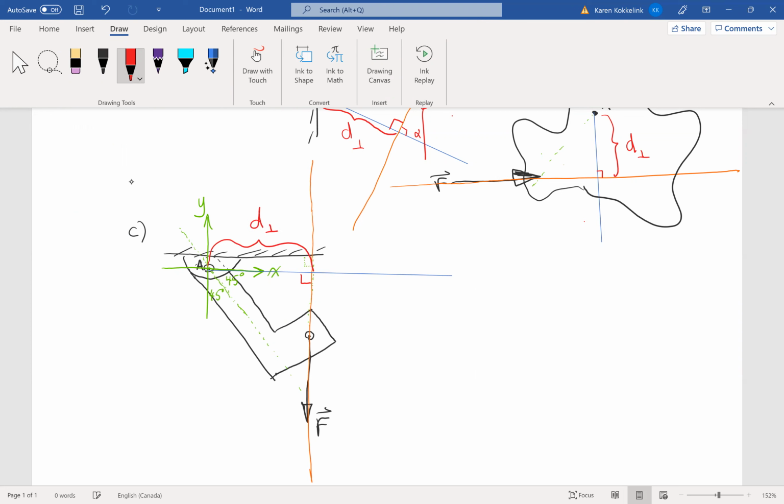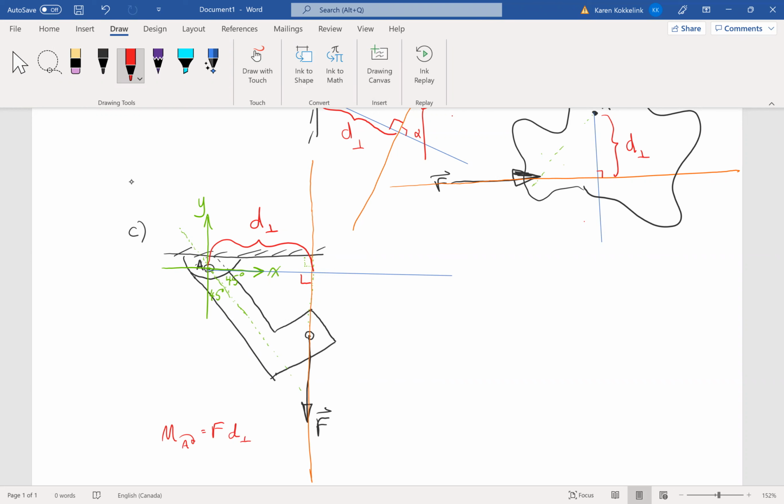In this case, I would know my geometry because I have a 45-degree angle and a 90-degree angle. So I just need to find out what that distance is. And so in this case, the moment about point A clockwise is going to be equal to just the scalar quantity, not the vector quantity, in newtons of this force times the perpendicular distance in meters.